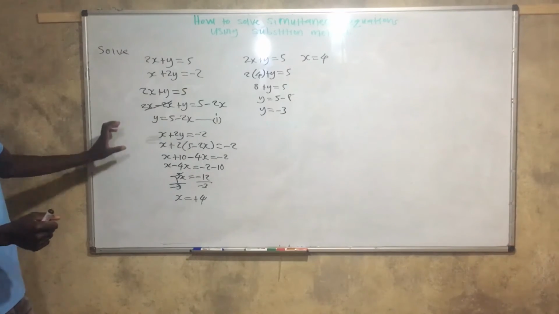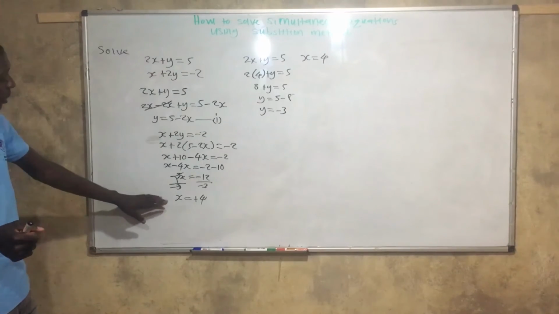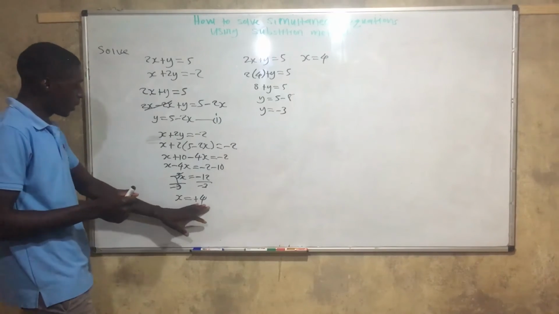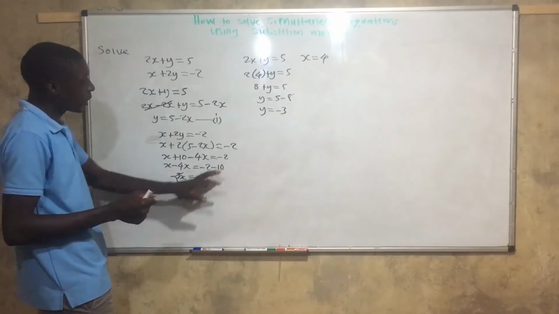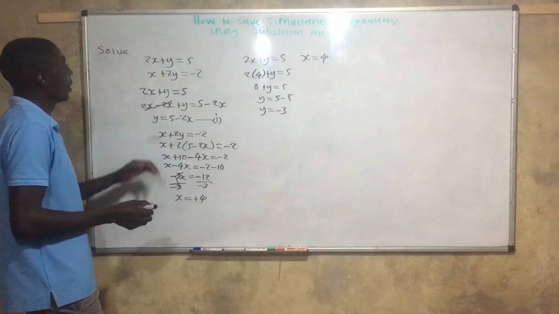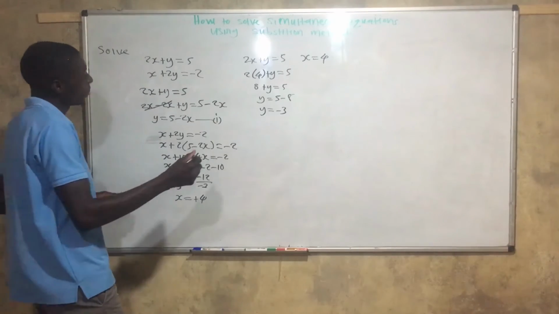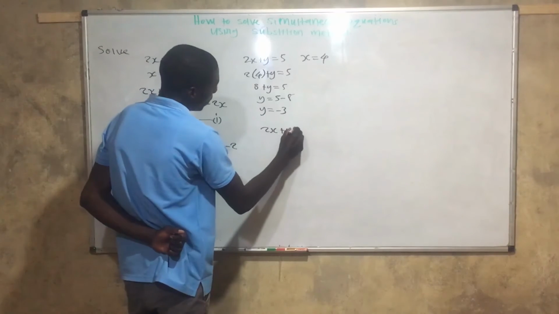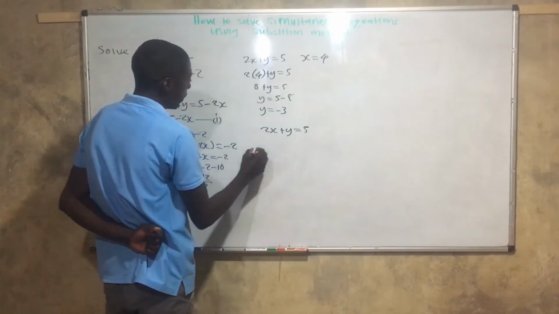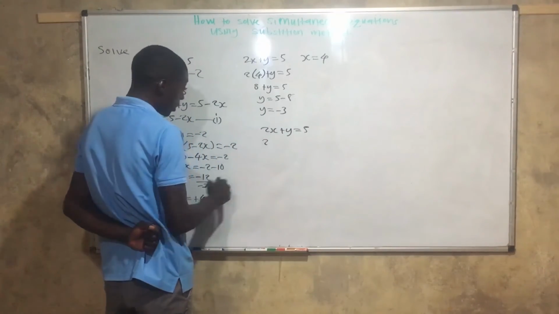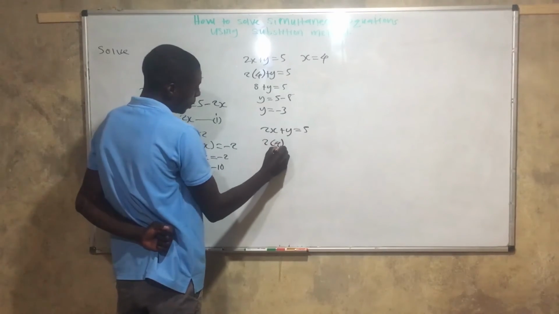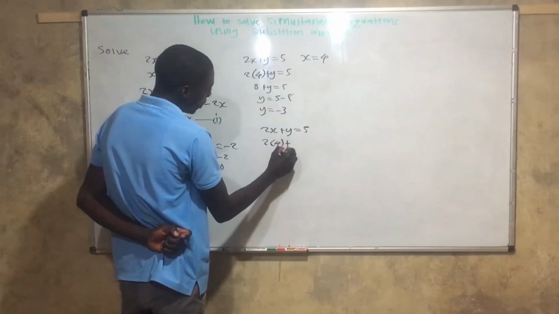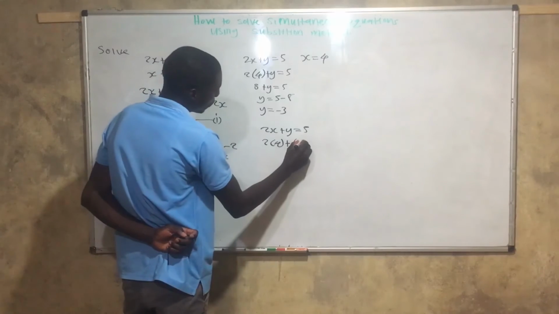We can also check whether the values that we have found for the variables x and y are correct. We take the first equation: 2x plus y is equal to 5. Where there is x, we replace with 4, and where there is y, we replace with negative 3.